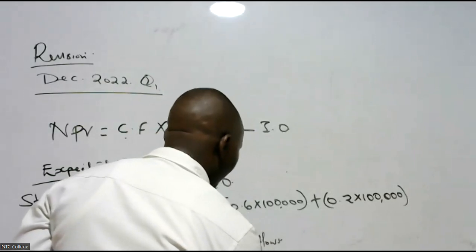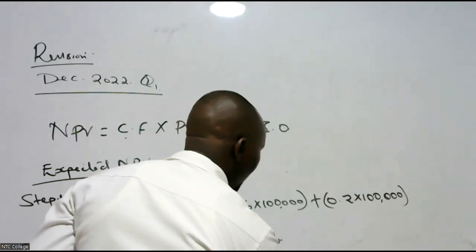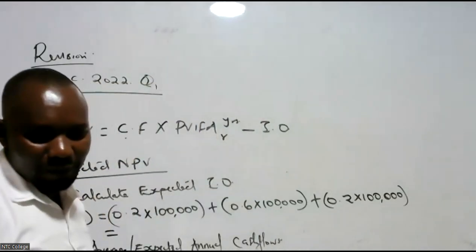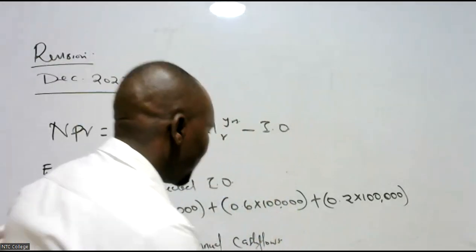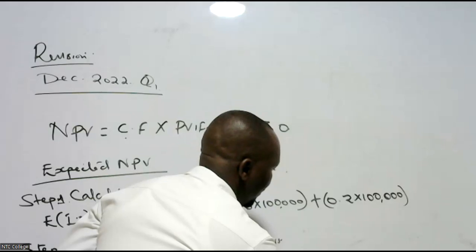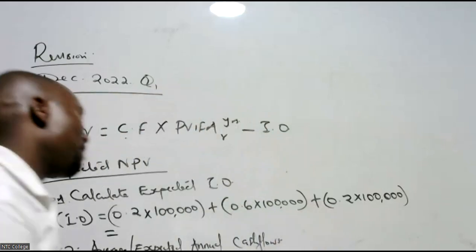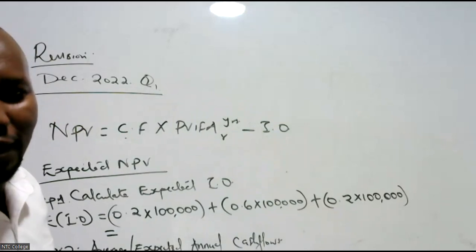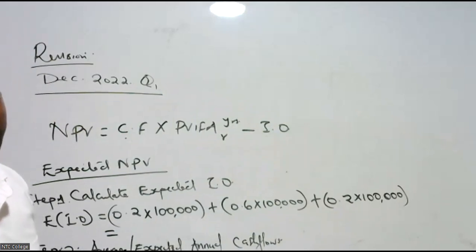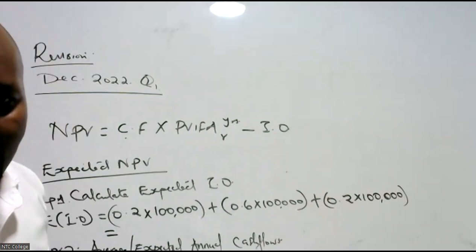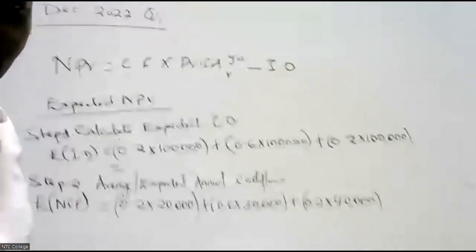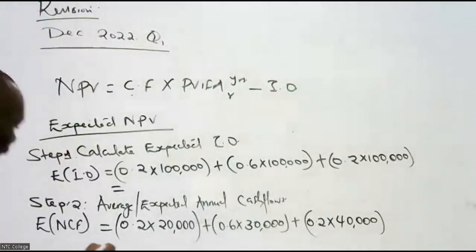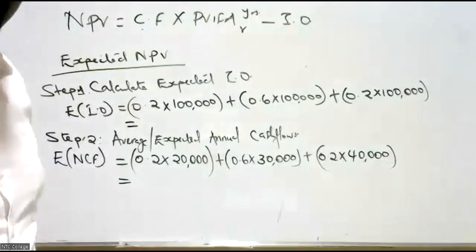So in the third scenario, the probability there is 0.2 times. How much are the cash flows? The cash flows are 40, right? So calculate for me the cash flow.